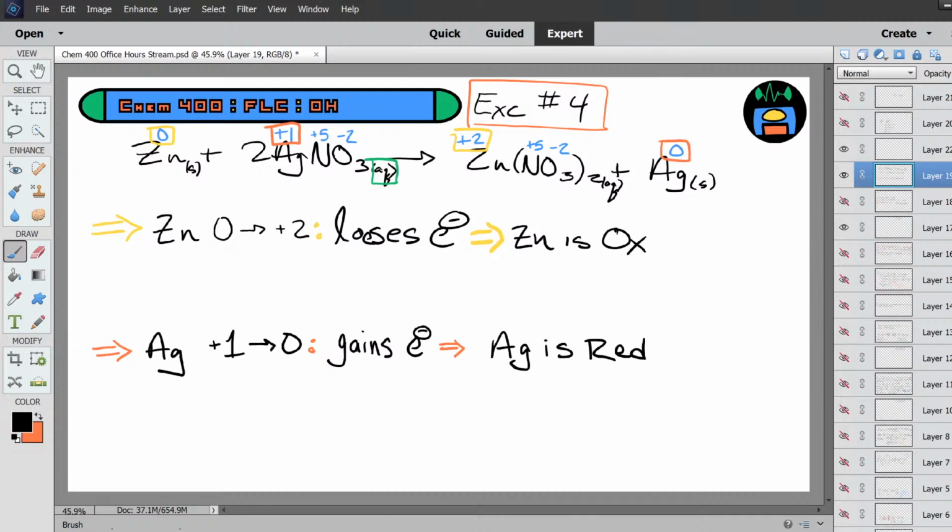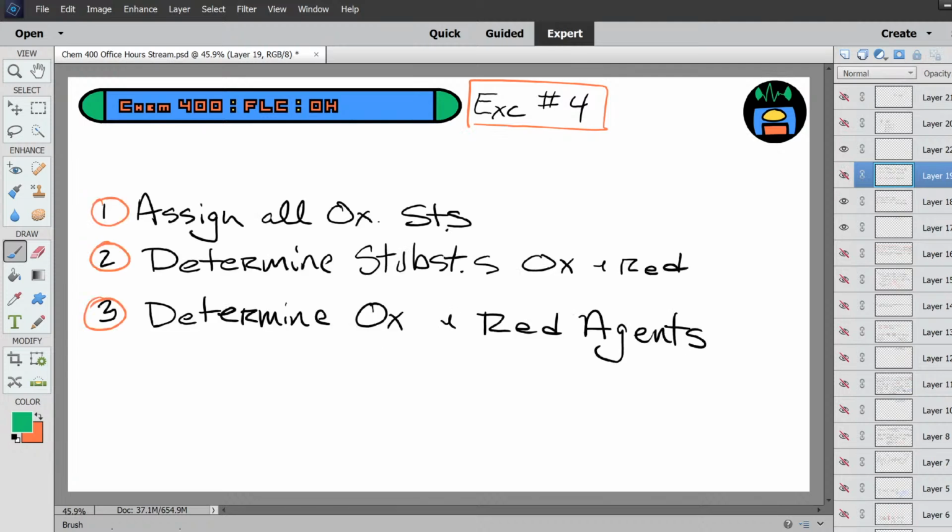All right. So once you find that change in oxidation states, and there's going to be two of them, one thing will gain, one thing will lose. Once you've found the change, then you can identify the substance that is oxidized and the substance that is reduced. And in both cases, whenever you're going for the substance, it's an atom.